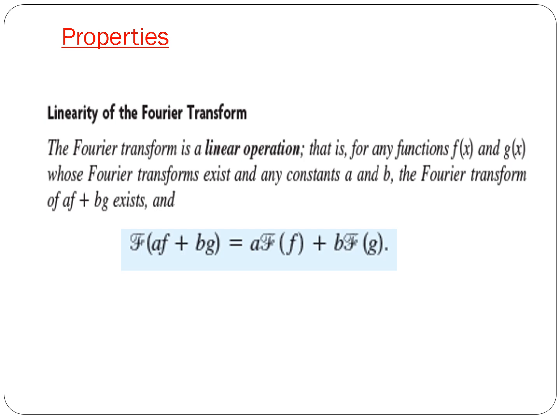That is, for any functions f of x and g of x whose Fourier transforms exist, and any constants a and b, the Fourier transform of the linear combination af plus bg exists, and script F of (af plus bg) equals a script F of f plus b script F of g. That is, the Fourier transform of the linear combination of f and g equals the sum of the separate Fourier transforms.